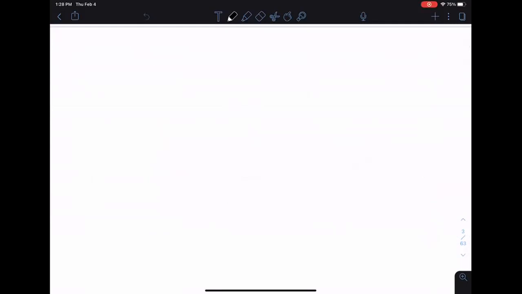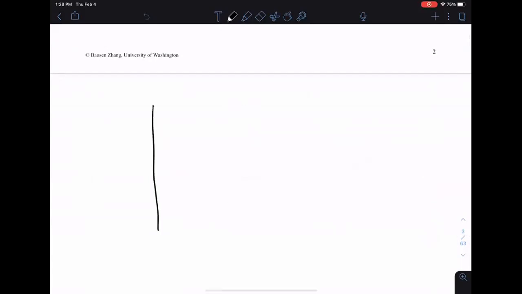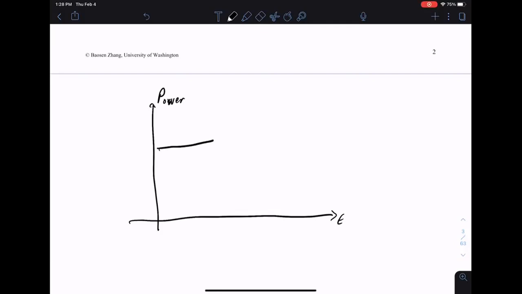The switch is categorized by this on and off timing. If you look at the power and time curve, when it's on, we pass all the power we have.